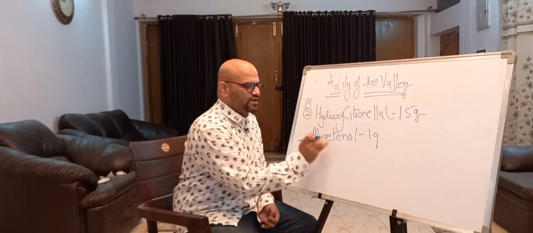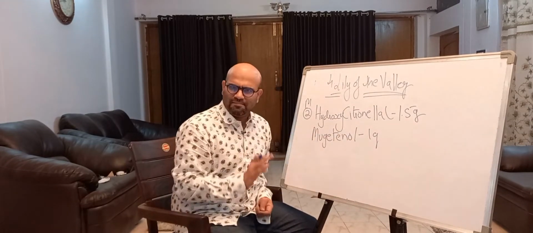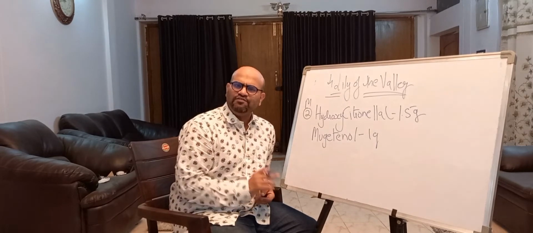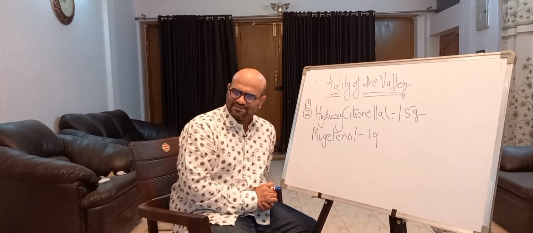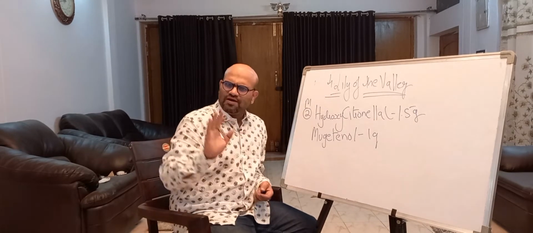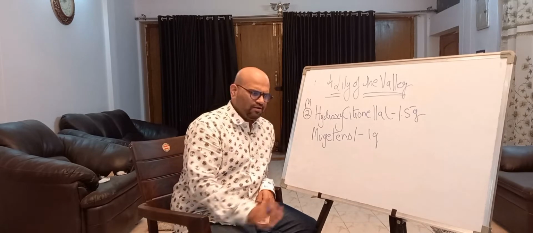Right? Muguetanol, 1 gram. So how many cans do we have? 2 cans. Right? M2. I think we are going clear now.